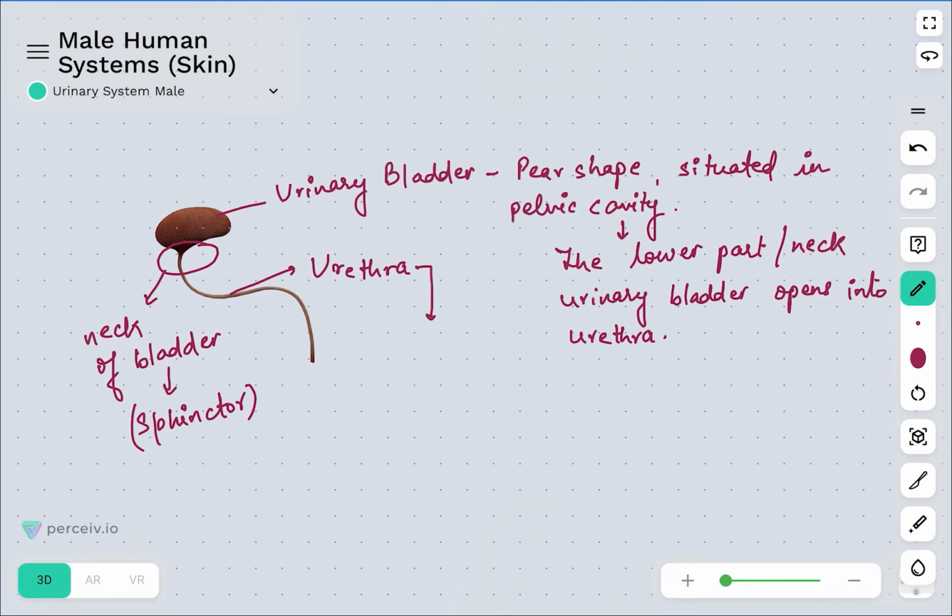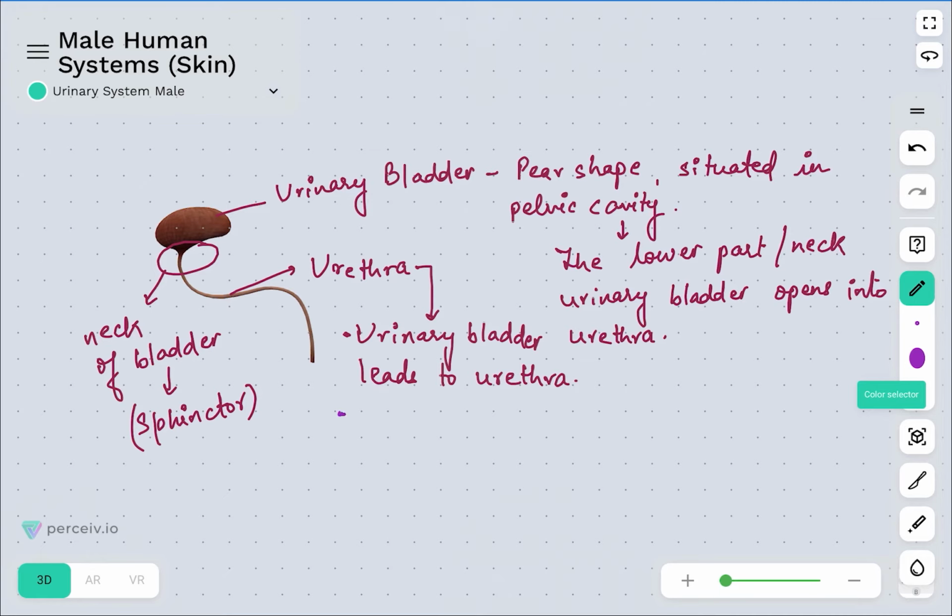Now, if we talk about the urethra, the urethra is the last part. The urinary bladder ultimately leads into the urethra. In females, this urethra is usually smaller, while in males it is much longer.